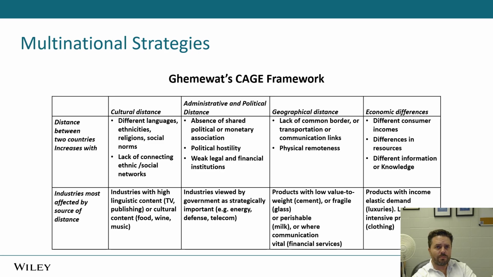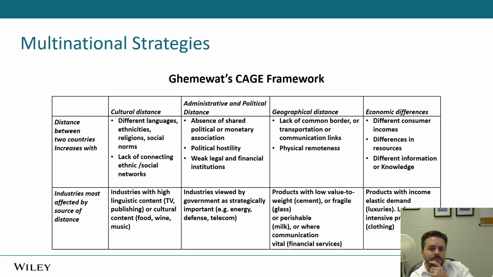There was a famous book by an economist called The World is Flat, essentially saying that we're all going to converge culturally and all firms would be global because of the boom in internet communications and advances in transportation and efficiencies and cost.